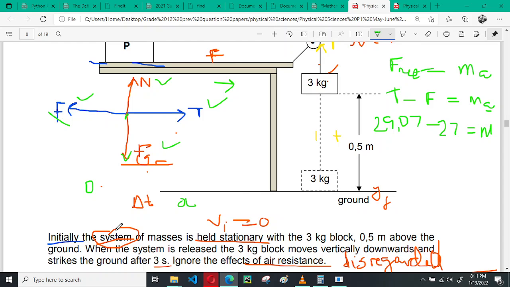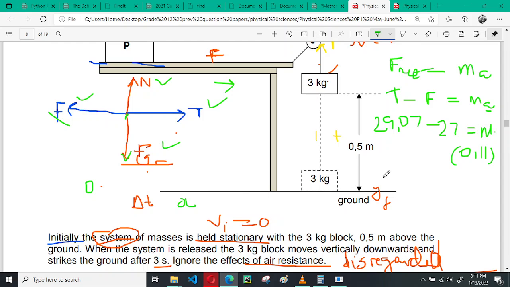So m times this. If you say 29.07 minus 27, you're just going to get 2.07 is equal to m times 0.11. So your mass is basically this over that.